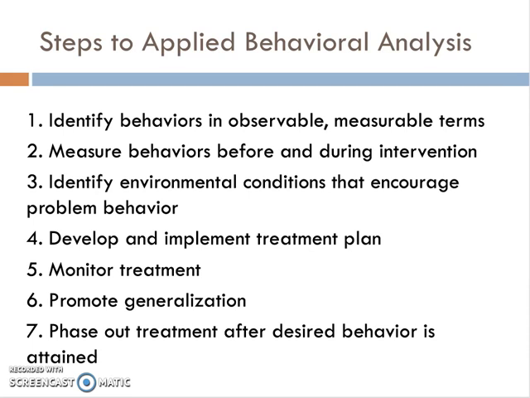And there are 7 main steps to applied behavioral analysis. The first one is identifying behaviors in observable, measurable terms, and then measuring the behaviors before and after the intervention, identifying the environmental conditions that encourage the problem behavior.